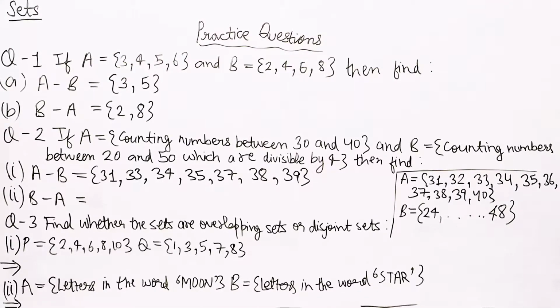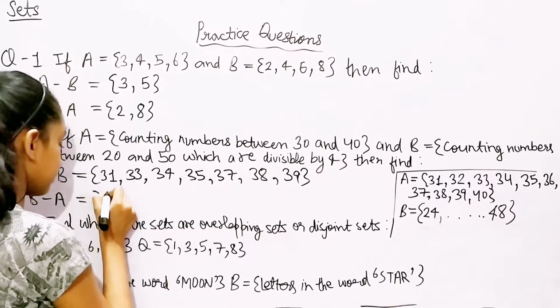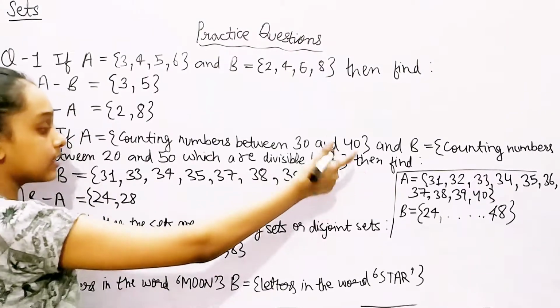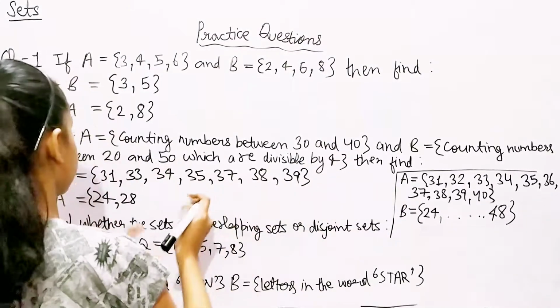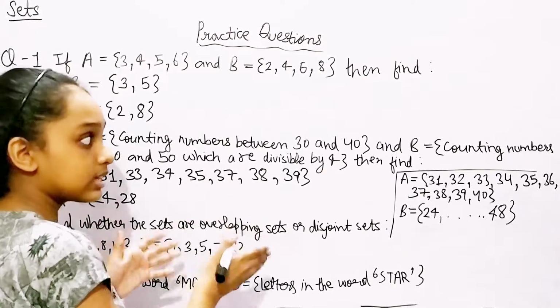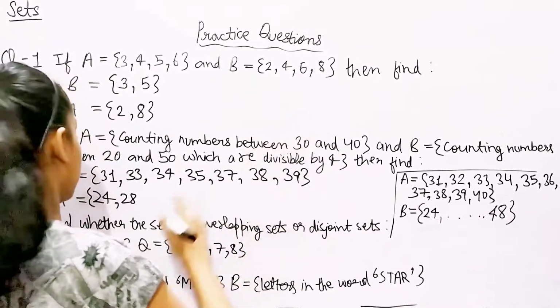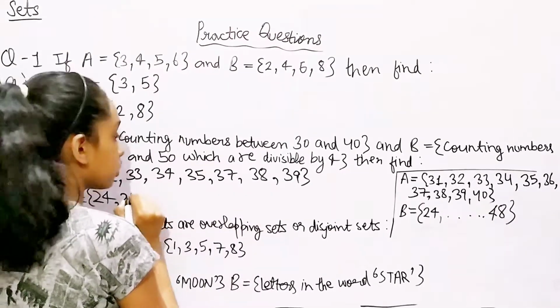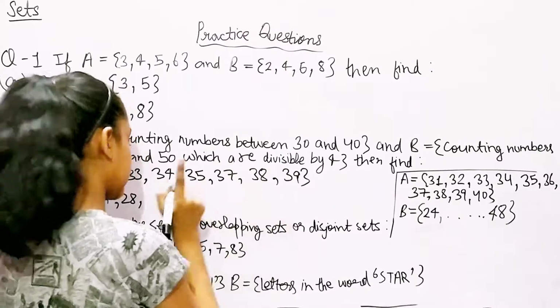So first it's going to be 24, then 28, because in set A we don't have any elements till 29, it's starting from 31. So before that, 24 and 28 are not going to be part of it. And the next we'll have is going to be 40.